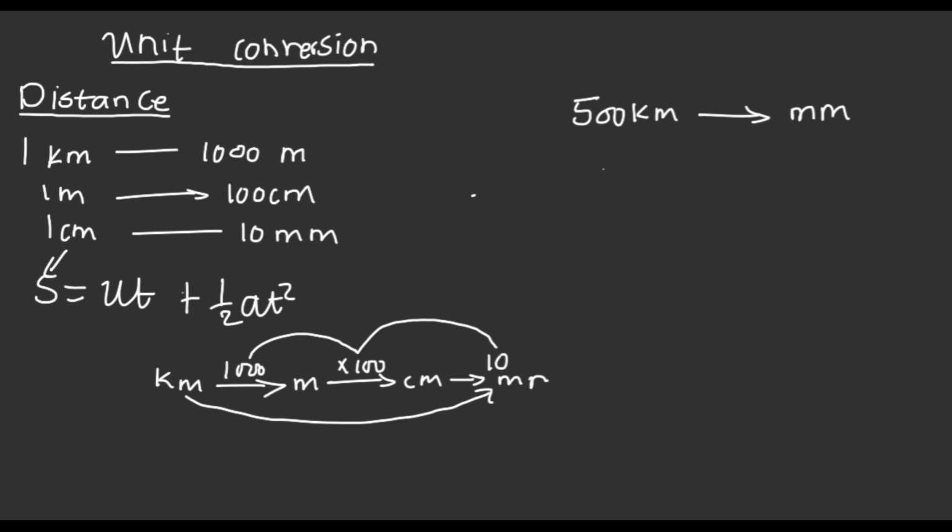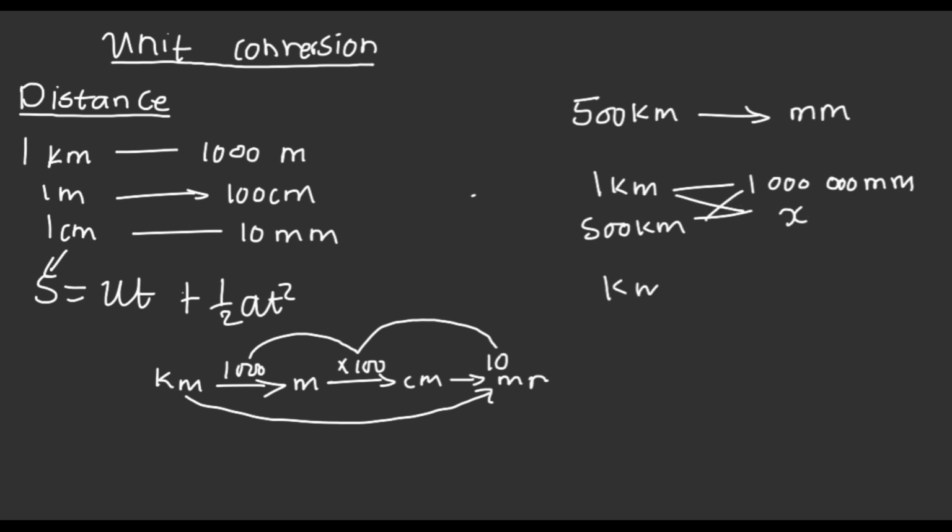So we can make the conversion factor where we say 1 kilometer is equivalent to 1 million millimeters, so that I can put my 500 kilometers on the left side, and here we put x, then we cross multiply.